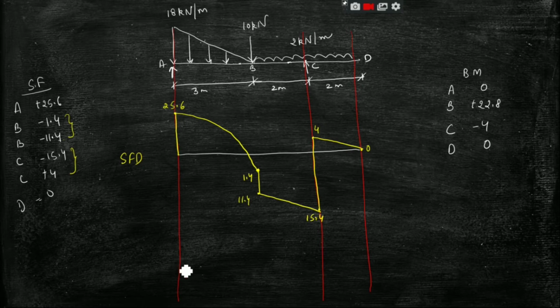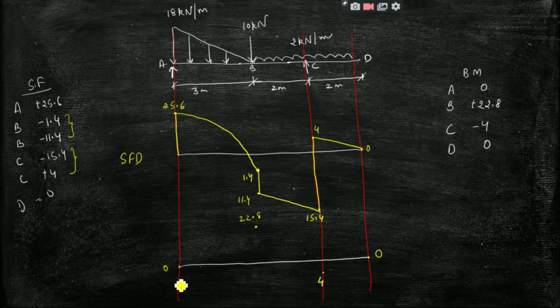Now for the bending moment diagram, the value at A is 0, and the value at B is 22.8, which is positive. Then at C it is minus 4, and at D it is 0, right?